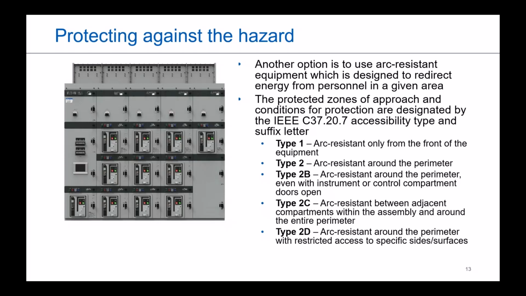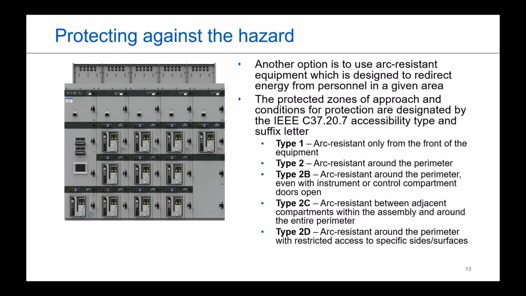One of the things that I think tends to be misunderstood sometimes is that arc resistant protection is not an always-there thing. You have to make sure everything's secured, latched, and tight, because it has to contain all that energy and be able to redirect it away. If something's not secured and a door can fling open, you're not getting the benefit of that arc resistance. So while it's a very sturdy design and does a great job of protecting folks, there's still some risk with it.